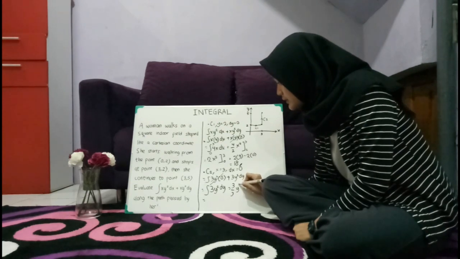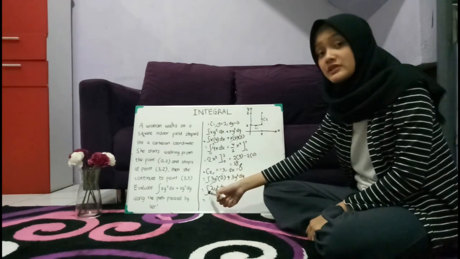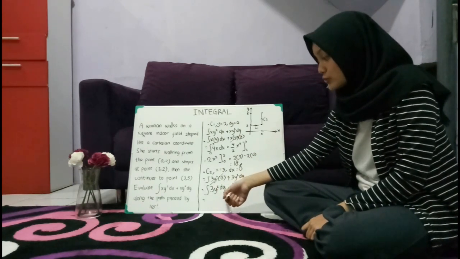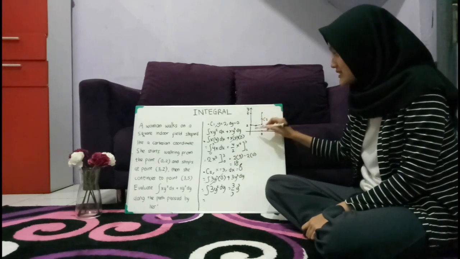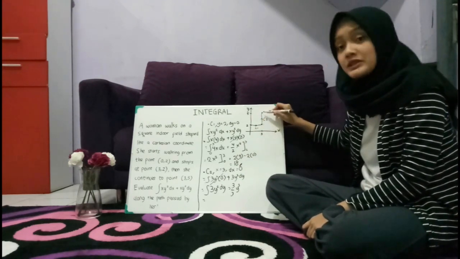The integral of this is 3y³ over 3. The boundary of this integral: because it's the integral of dy, we just have to see the y-axis of this C2. The y-axis is from 2 until 5.